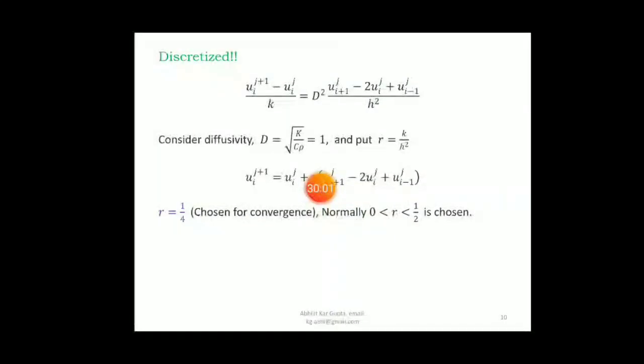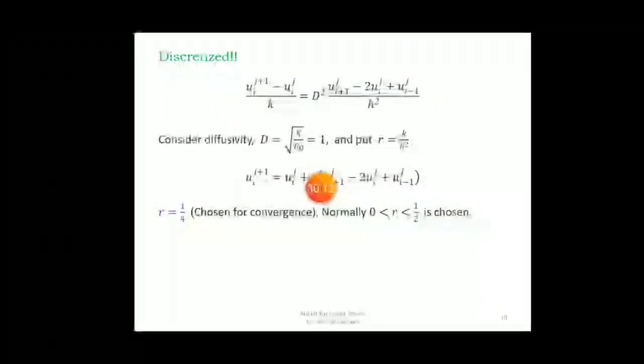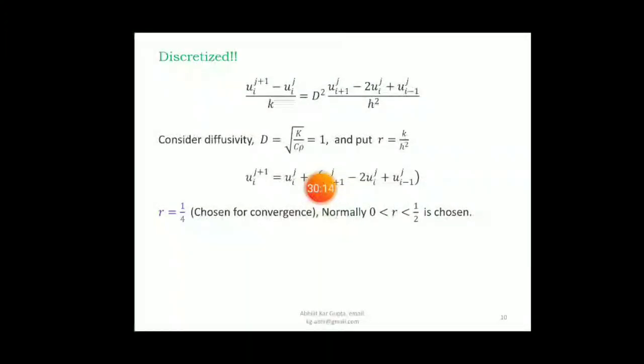If you analyze these kinds of equations, for the eigenmodes to be stable you need to consider the value of r between 0 and half. So in most of these numerical calculations people take the value of r between 0 and half, and most commonly people take r equal to 1 by 4.